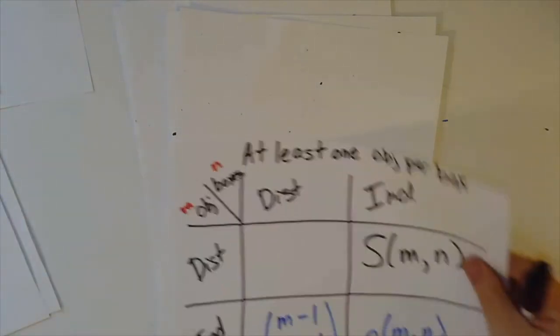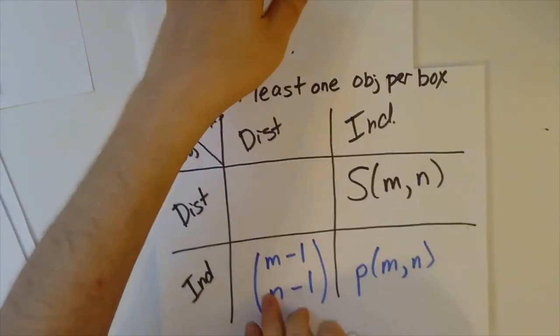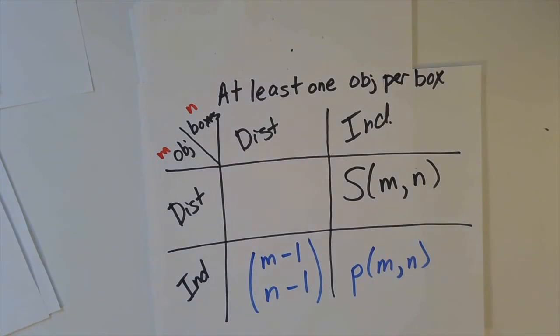Okay, so that leaves us with one box and one question left. That one box and that one question is how many onto functions are there from the set m to the set n.